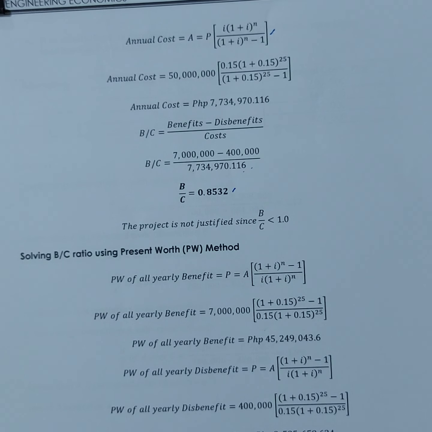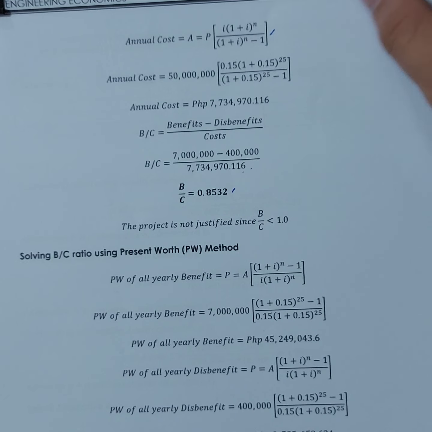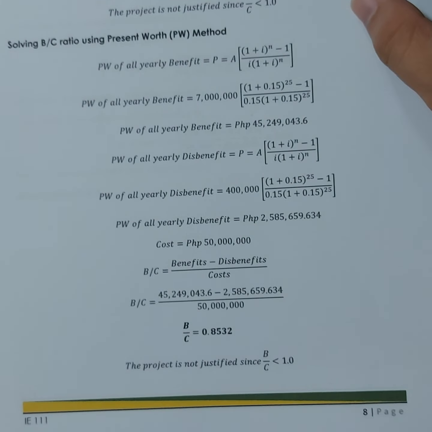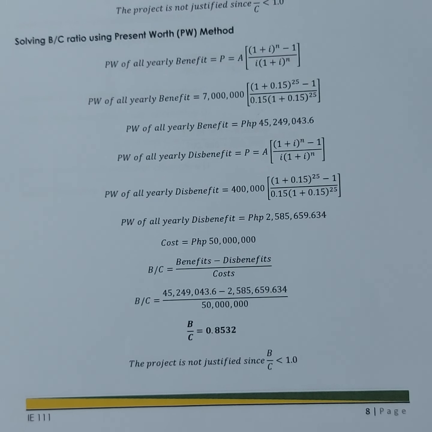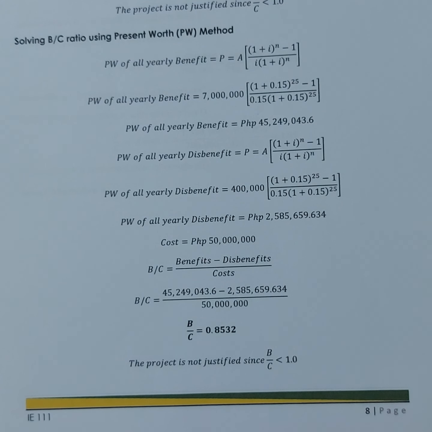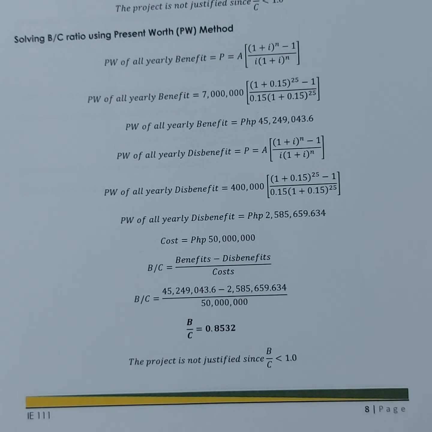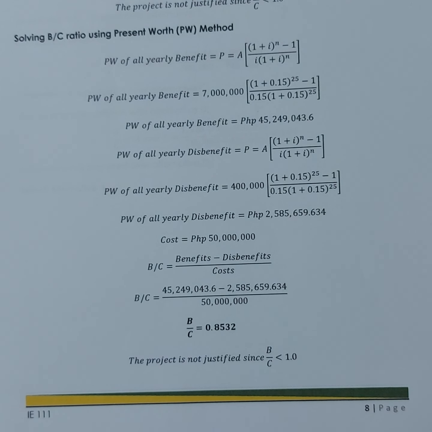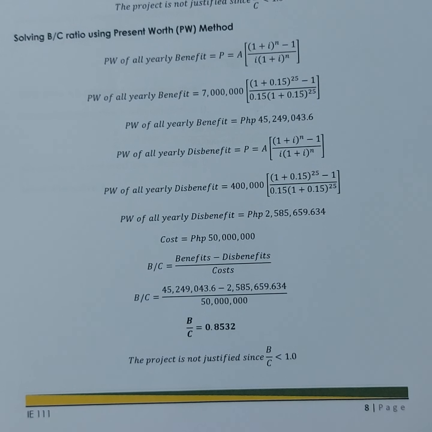Okay? So we can also solve the problem using present worth method. Yung present worth method, which means that we're going to convert lahat ng quantities or ng amount na yan into an equivalent present worth.